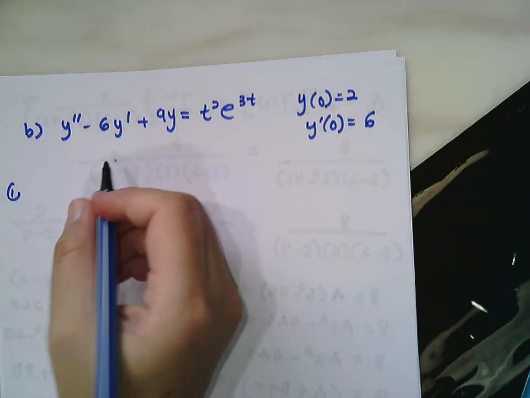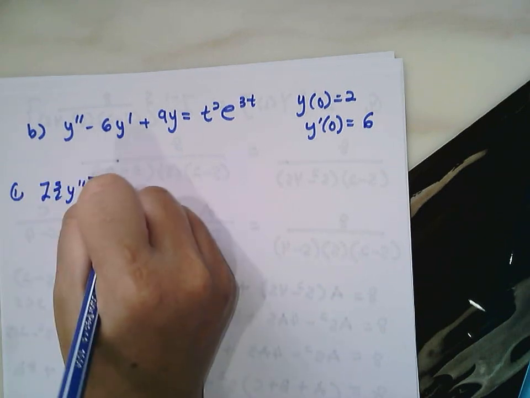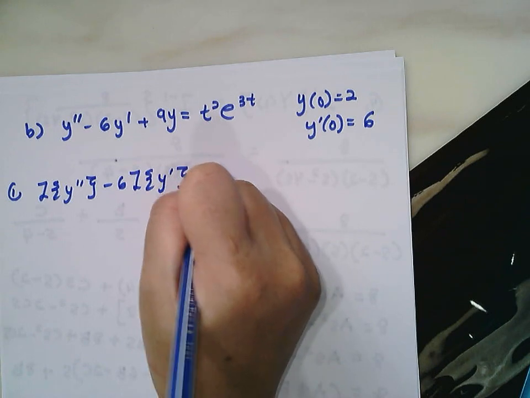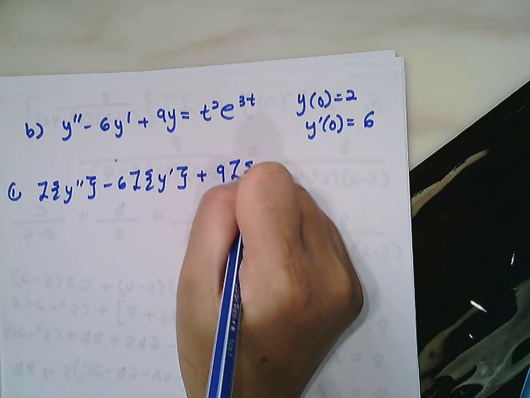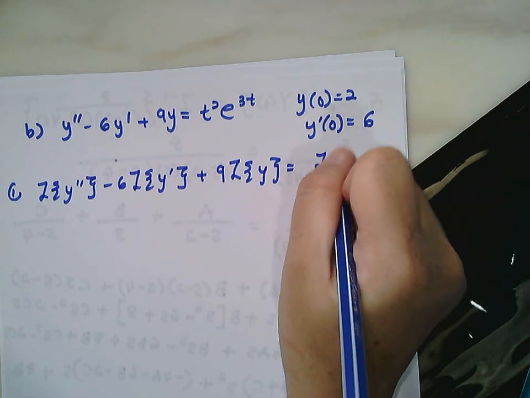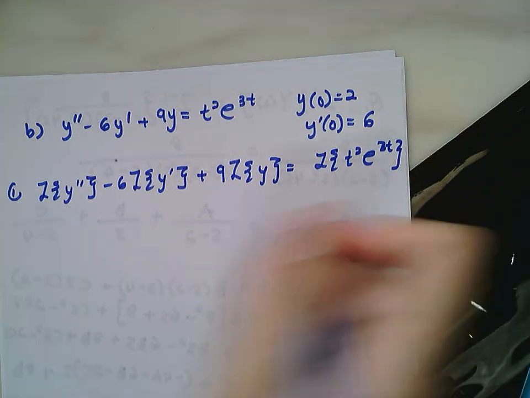So Laplace of y double prime minus 6 Laplace of y prime plus 9 Laplace of y is equal to Laplace of t squared e^(3t).